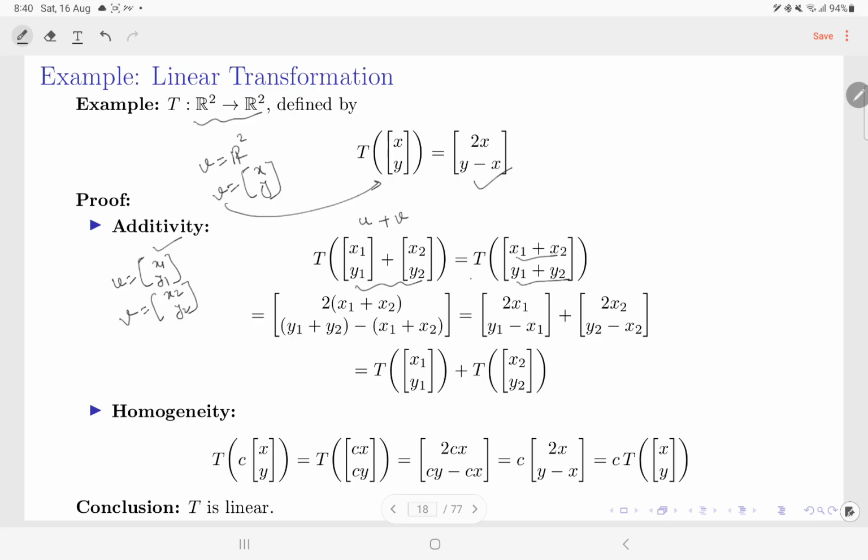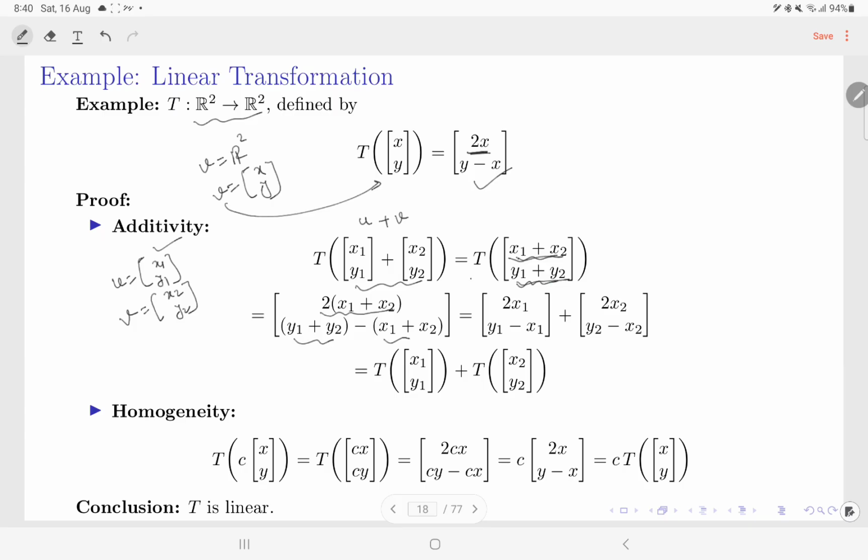Now after transformation, what you can write: the first element will be twice of that, so this is twice of x1 plus x2, and the second term will be the subtraction of the first term from the second term, so y1 plus y2 minus x1 plus x2.